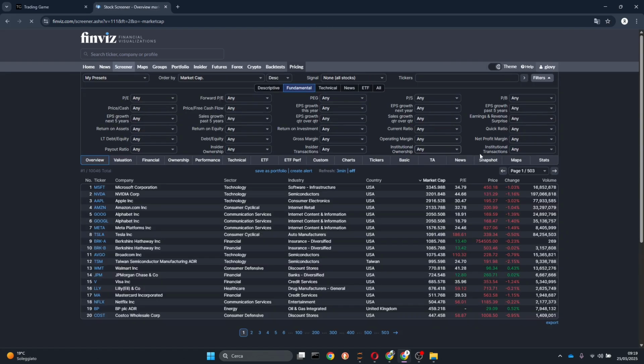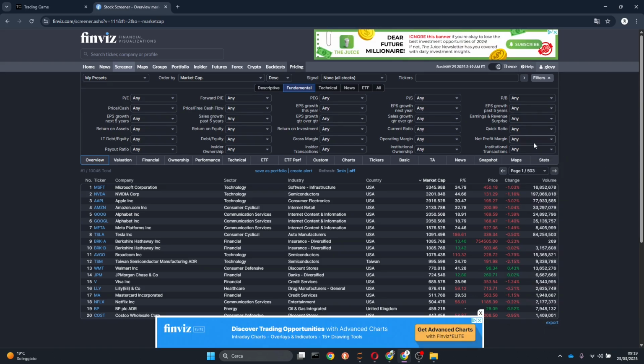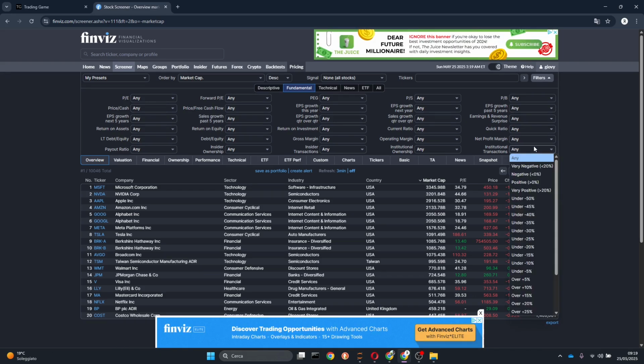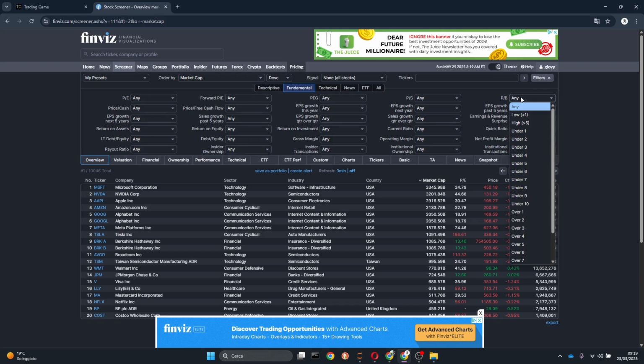So, for example, institutional transaction over 20%, but also over 10%, in my opinion, can be very interesting. It is a filter to look at. Well, you have, for example, liquidity ratios, the current and quick ratio, the price to book value, that is the ratio between the price and the equity book value.